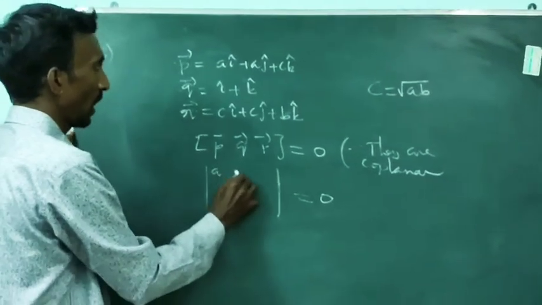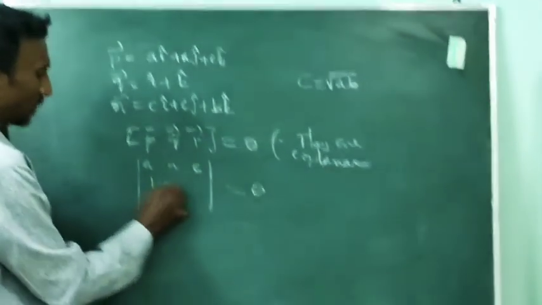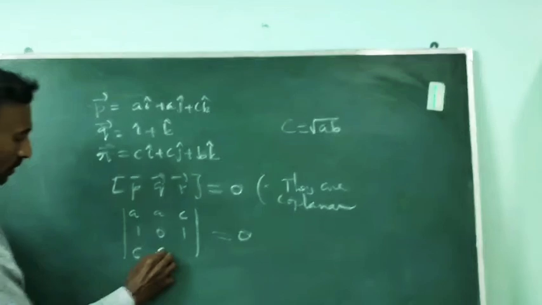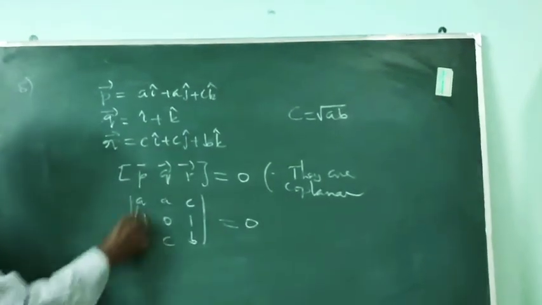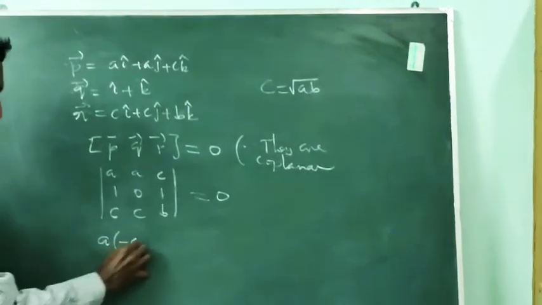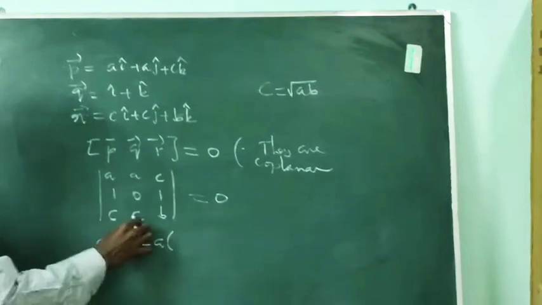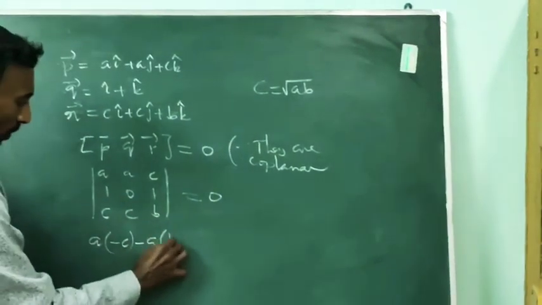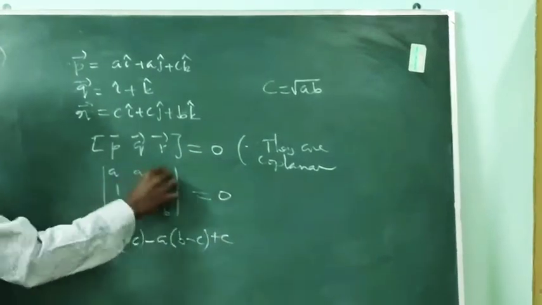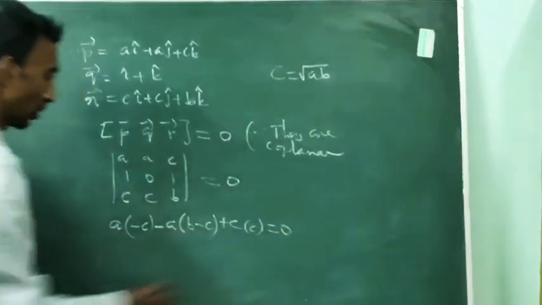First row a, a, c, second row 1, 0, 1, third row c, c, b. Ordinary expansion: a into 0 minus c, minus a into, delete that row and column, b minus c, plus c into, delete that row and column, c, equal to 0.